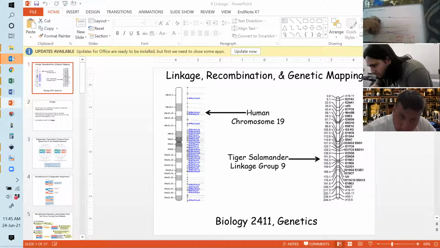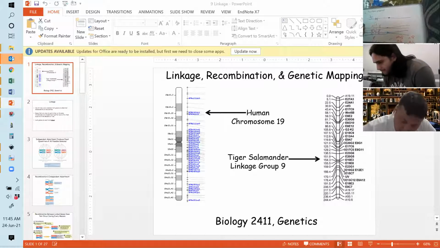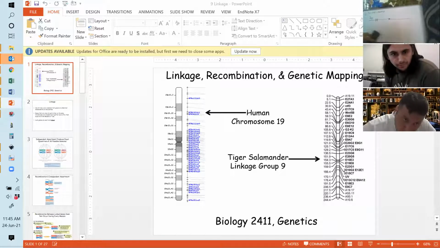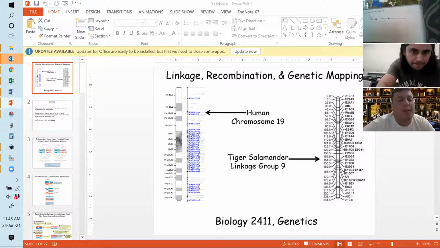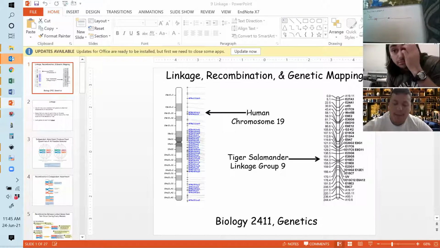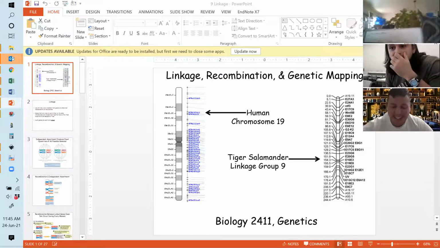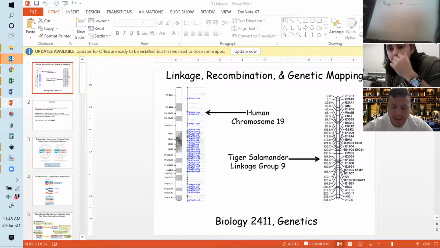Okay, so, for the last chromatid at the very bottom, was it capital A, capital B?